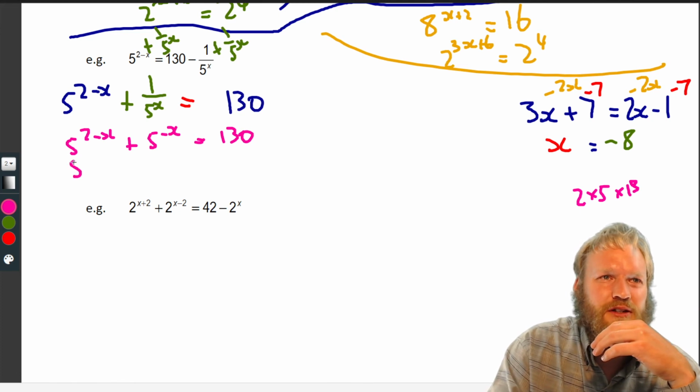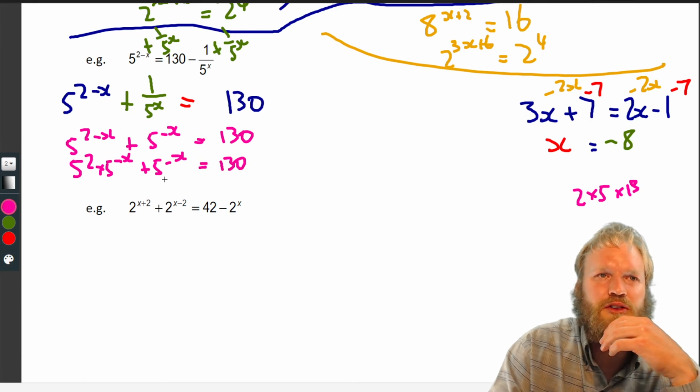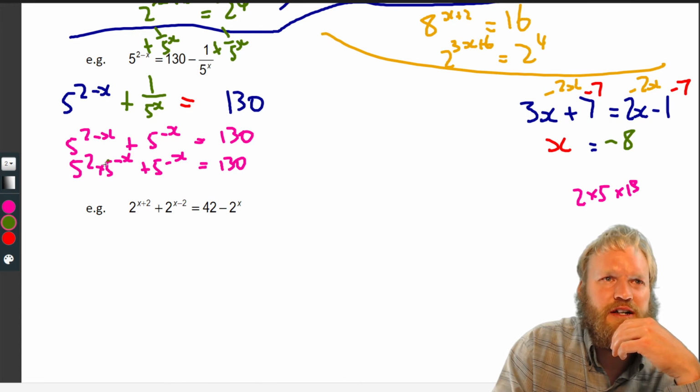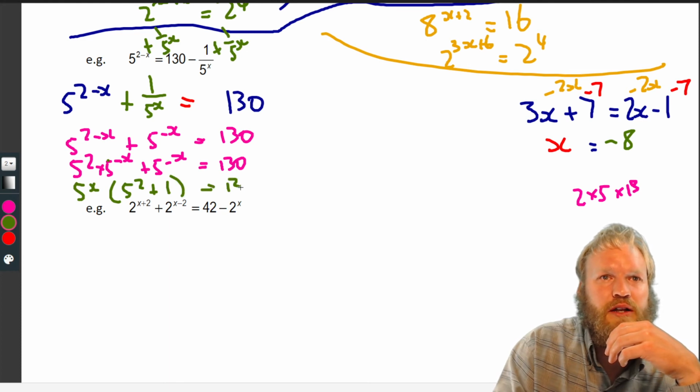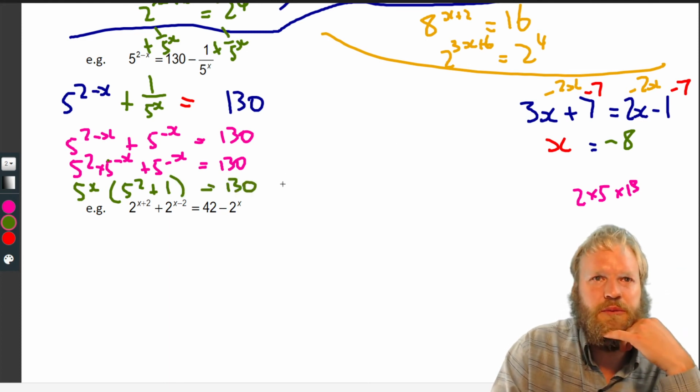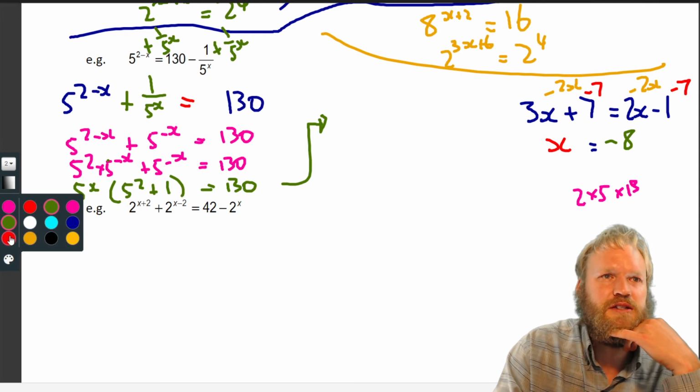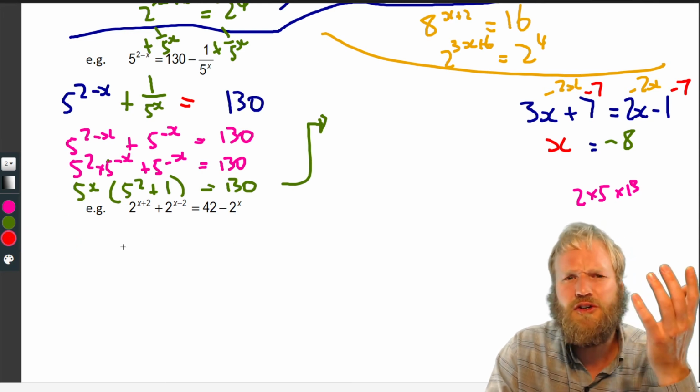So let's split this: 5 to the 2 times 5 to the minus x plus 5 to the minus x equals 130. Great stuff. So our common factor is 5 to the minus x, and we're left with 5 squared plus 1 equals 130.